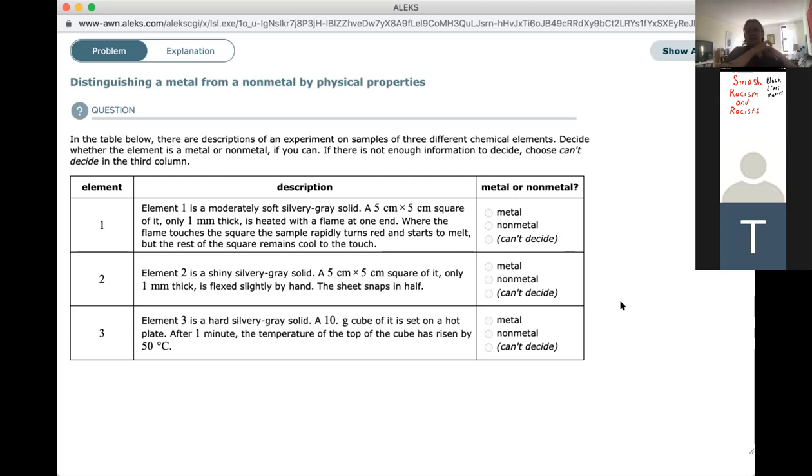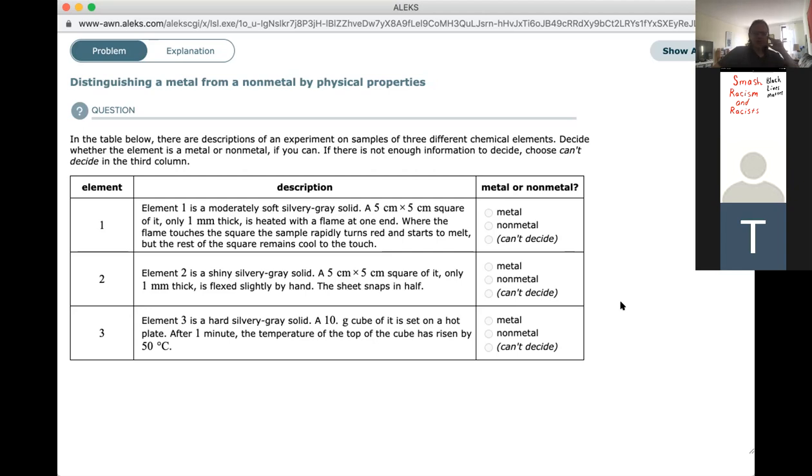So the fact that it snaps in half is pretty good evidence that it's a nonmetal. It's certainly not a metal. Metals generally don't do that. If you do it forever, right? You can take a paper clip. If you do it enough, eventually it will snap. But if you just do it once, a paper clip is not going to snap. So it's not a metal, could be a nonmetal.